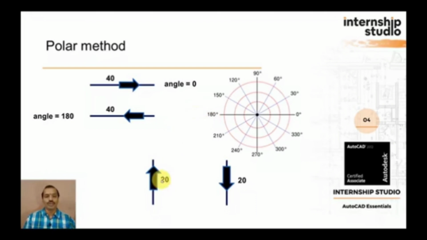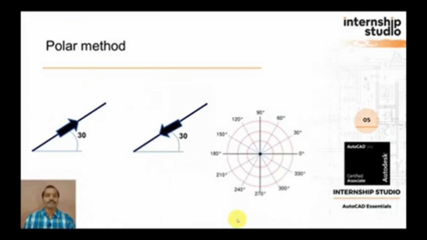If you take down to top, the direction of the line goes towards positive 90 degree, so that is an angle of 90 degree. Similarly, the other line we can say is 270 degree. Another way to specify 270 is minus 90. If you give 90 degree, the line will go from bottom to up. If you give minus 90 degree, it will reverse, that means top to down. It is equal to 270 degree.